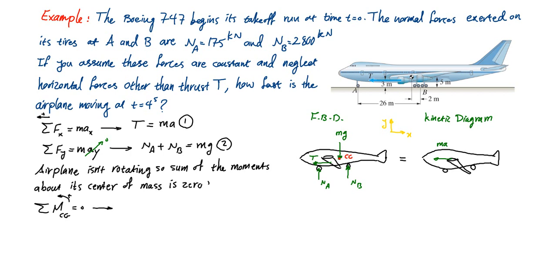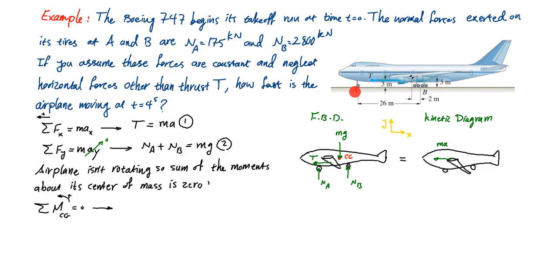So I'll take counterclockwise as a positive direction, which means I will get NA times the distance it has. Let me see where we are. Okay. So NA is there.